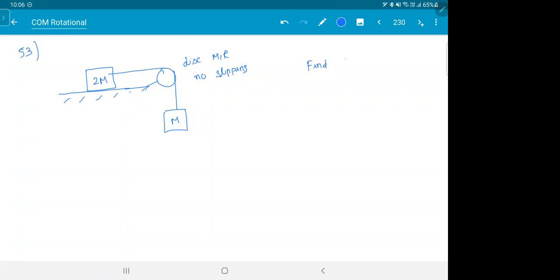Find alpha of the pulley, alpha of the disk, and acceleration of the blocks. This is the same thing, right? We are just twisting the stuff.